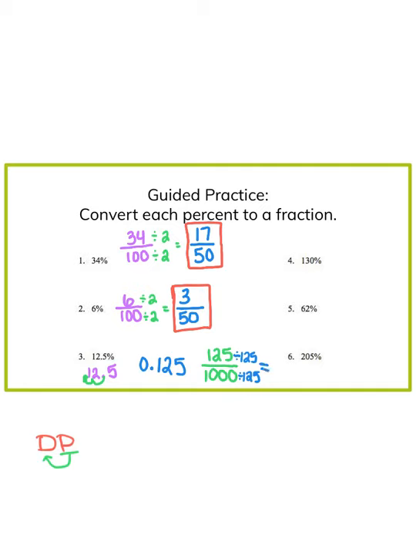When I divide 125 by 125, I'm left with 1. When I divide 1,000 by 125, I get 8. So my fraction is 1/8.